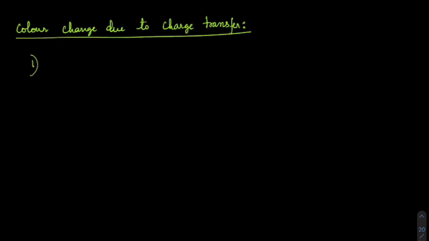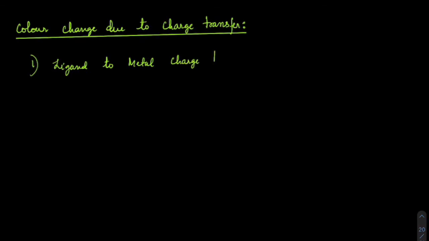The first type of color change due to charge transfer is called ligand to metal charge transfer, also known as LMCT.